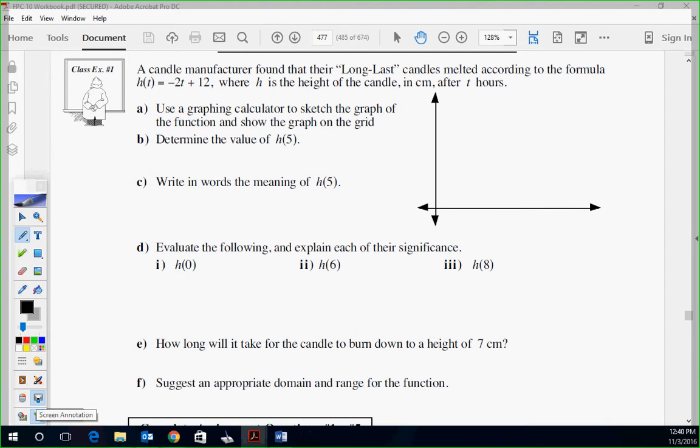Let's look at this a little closer. A candle manufacturer found that their long-lasting candle, I don't like saying that, melted according to the formula negative 2t plus 12, where h is the height. So we already know this. Use a graphing calculator to sketch the graph of the function and show the graph on the grid. So we'll go ahead and get your calculator back out. I don't need it here, but you guys can get yours if you'd like.